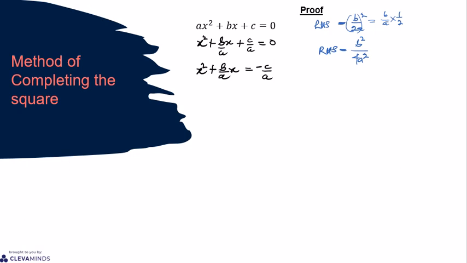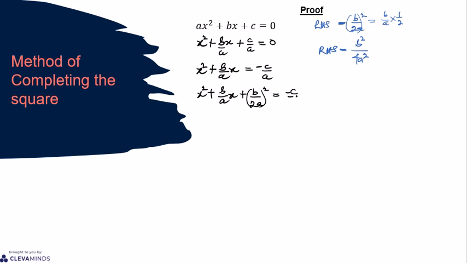So the idea is to make the left hand side of the equation a perfect square. So we have x squared plus b over a x plus b over 2a all squared, then equals what?